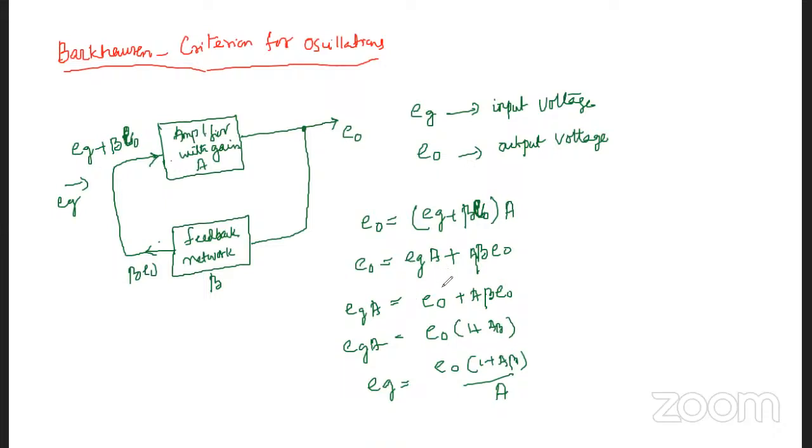EG A equals E naught minus A beta E naught. Taking E naught common, EG A equals E naught into 1 minus A beta.